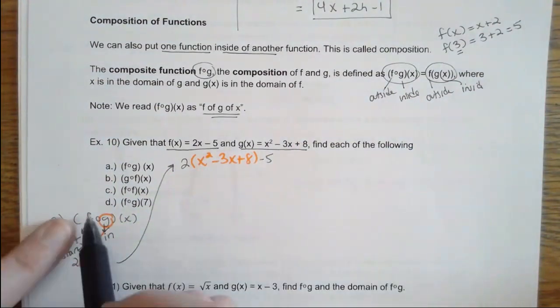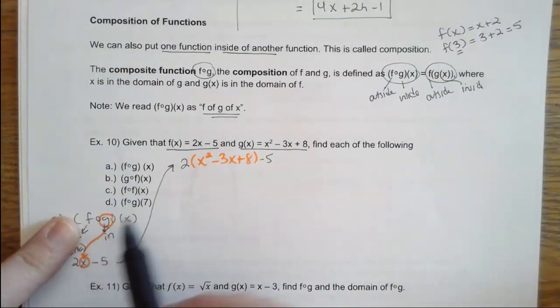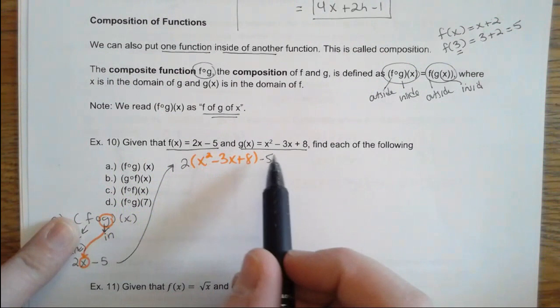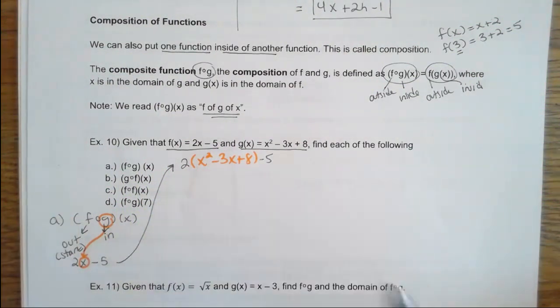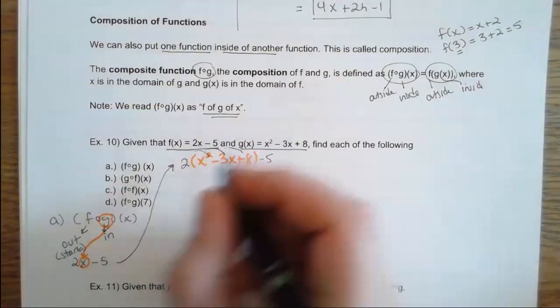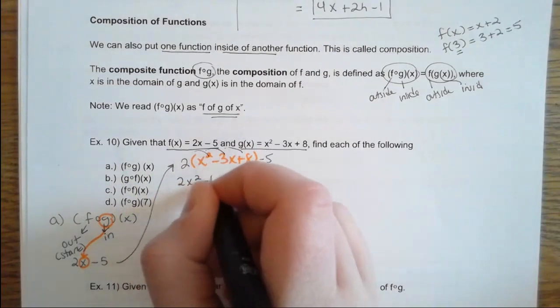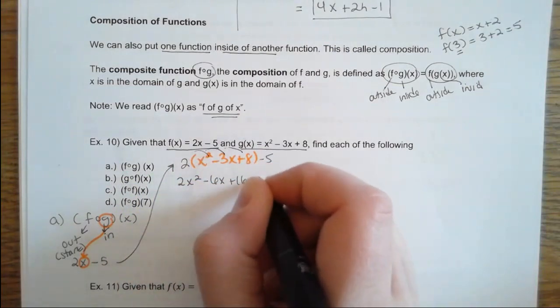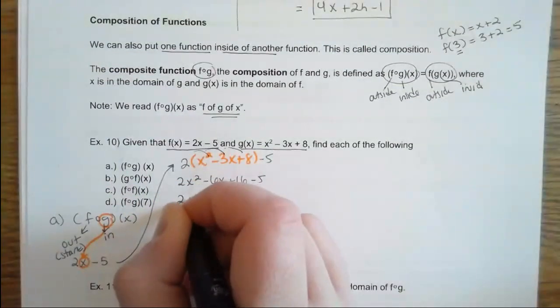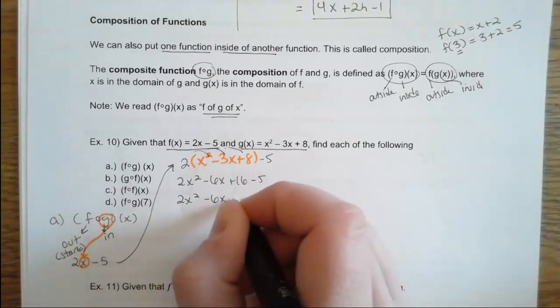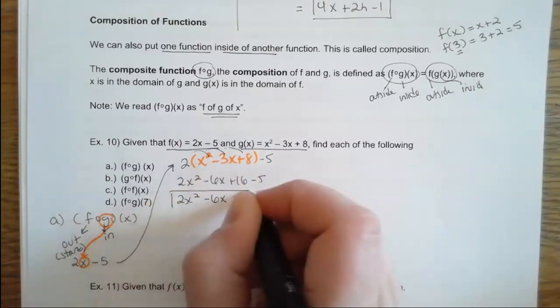So we're using the outside function as the lead function here, and then you're literally plugging in the other function for the x. And now you would simplify. 2x squared minus 6x plus 16 minus 5. So we have 2x squared minus 6x plus 11.